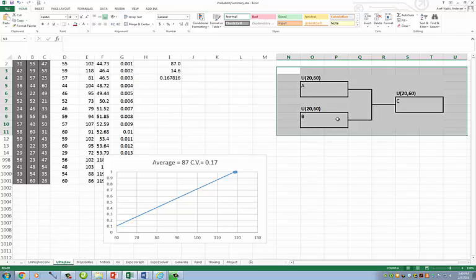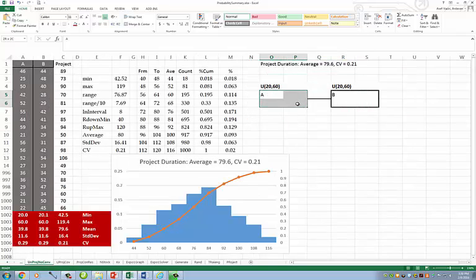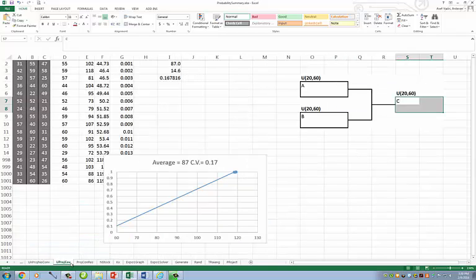This activity should take an average of 40 days. Therefore, they both should take an average of 40 days. So after 40 days, we should be here. And then this activity also takes 40 days. Therefore, the project should take a total of 80 days. That is exactly the same as our expectation here. 40 days, and a total of 80 days. If we were living in a deterministic world, but we are not.